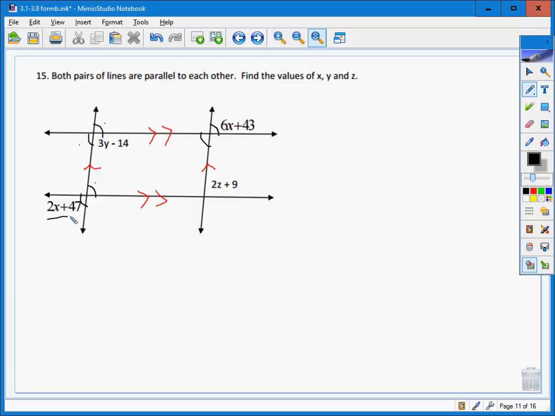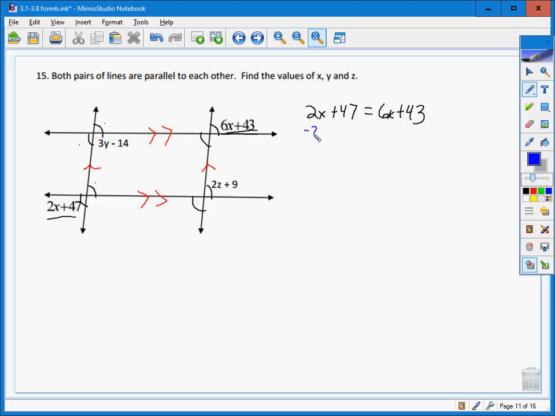You can see that 2x plus 47 has got to be the same as 6x plus 43. So I'm going to set those equal. I know that it would be equal also to this 2z plus 9, but I would have two variables. This only has one in it, so I'm going to solve this first.